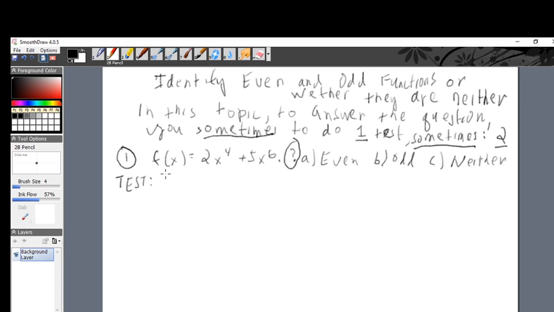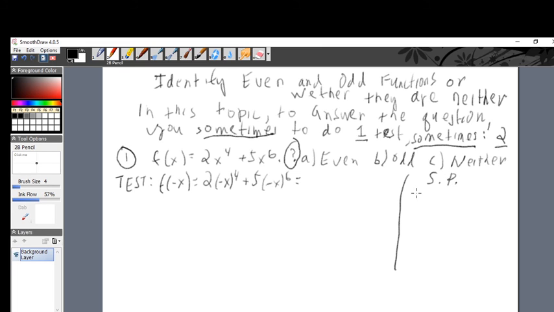What you have to do is do f of negative x: wherever you see x, plug in negative x. So put 2 parentheses negative x to the fourth power plus 5 negative x to the sixth power. What do you get? Let me put this over here on the side, scrap paper.